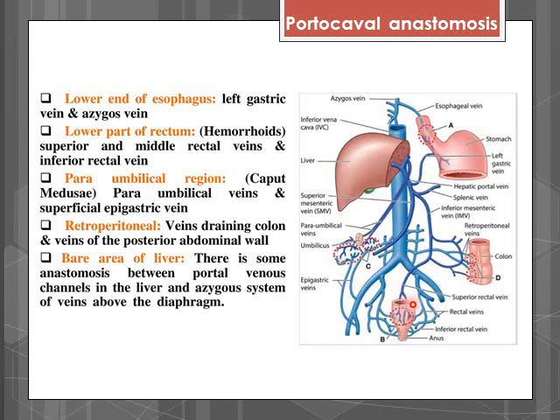The upper part of the rectum drains into the superior rectal vein, then to the inferior mesenteric, then to the splenic, and to the hepatic portal vein. The blood traverses the liver and again to the heart. So in the lower 2/3 of the rectum, there is anastomosis between the superior and middle rectal veins and the inferior rectal vein.